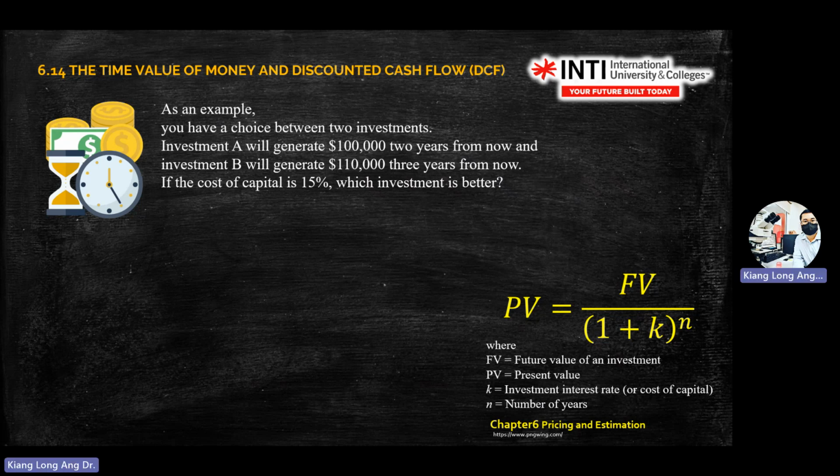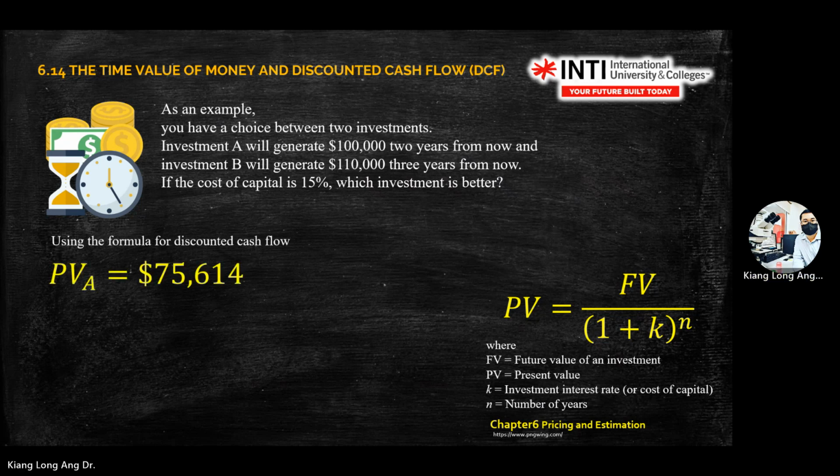Investment B will give you one number also. Only the N is different. A is 2, B is 3. The K is fixed. K is 15%, 0.15, right? So present value for A will be 75,000 something, and B will be 72,000 something.